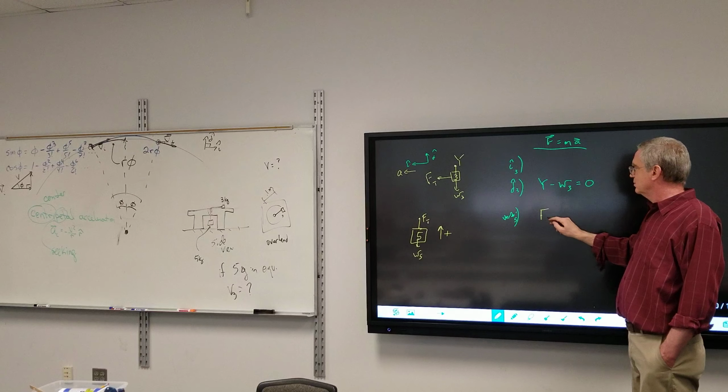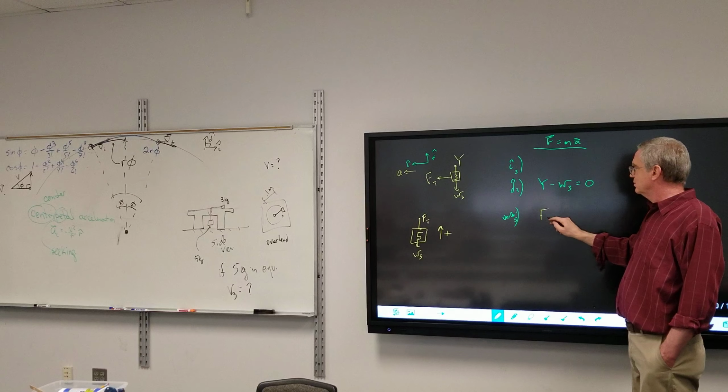Force of tension, maybe plus or minus acceleration? Minus, no, on the left-hand side are the forces, and acceleration is not a force. Equals, not 0.